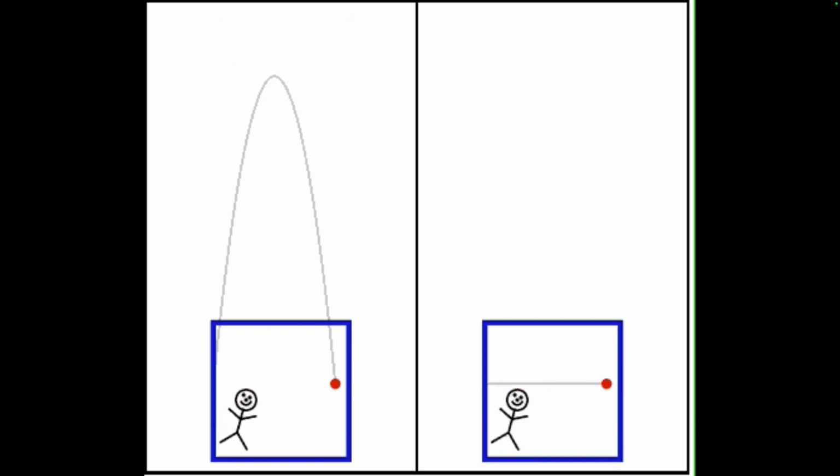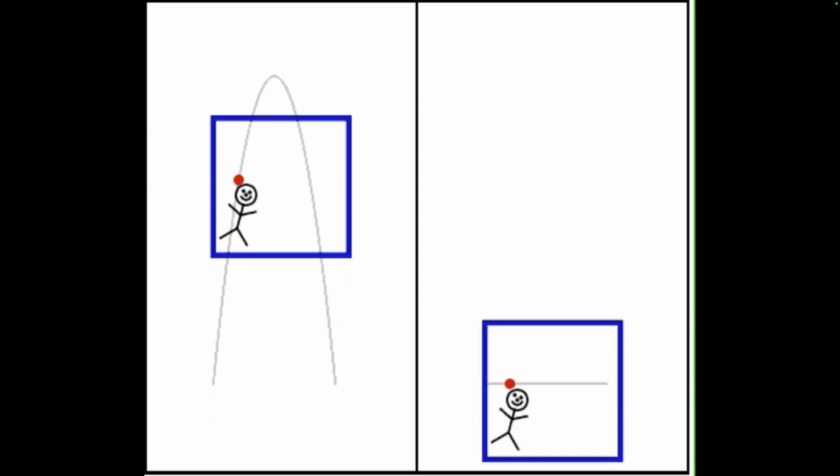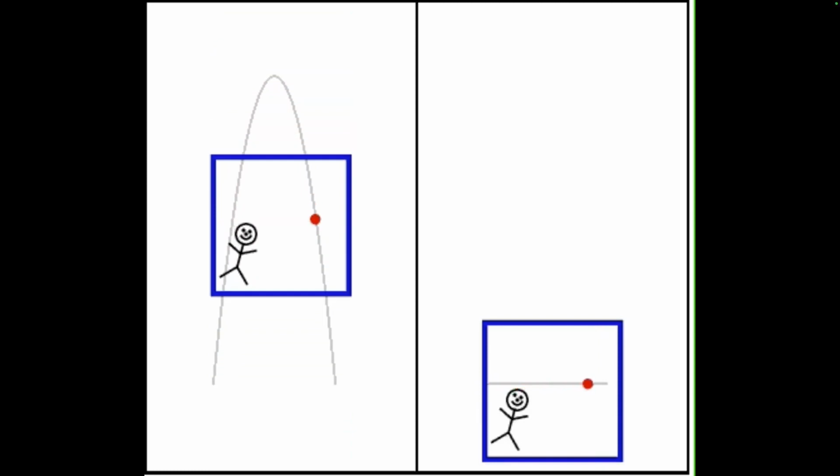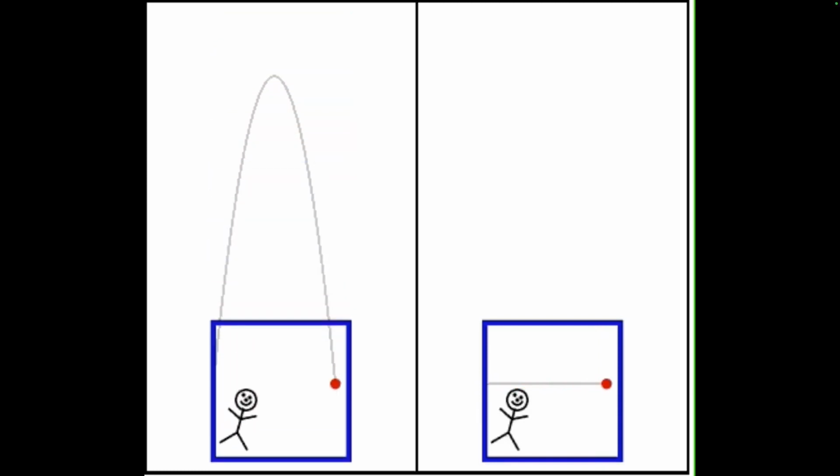It's an accelerating frame of reference. It changed the direction, so what? Still accelerating, right? You cannot tell the difference between a gravitational field and an accelerated frame of reference.